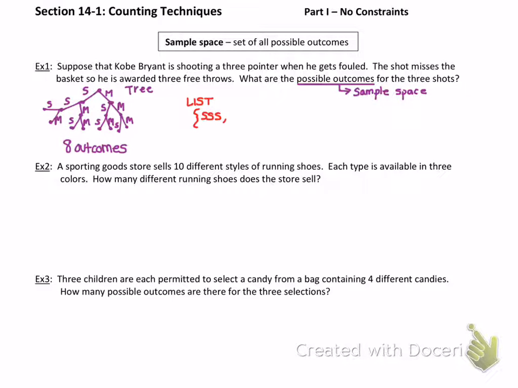He could make the first 2 and miss the last one, miss the middle one, miss the last 2, miss the first 2, only make the middle one, only make the last one, or he could miss them all. So, still representing 8 possibilities, but in a list form.